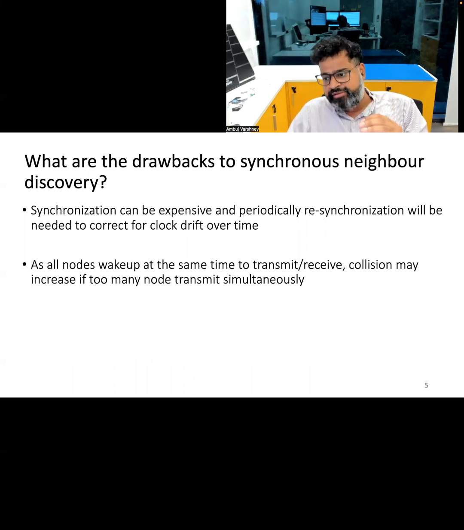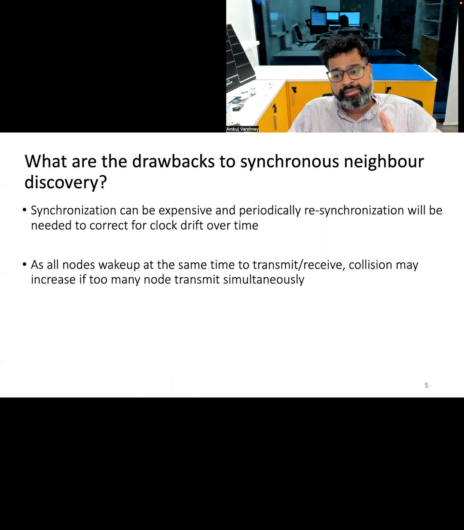Synchronous neighbor discovery, however, has a major drawback as well. Firstly, the synchronization process is typically very expensive and requires nodes to periodically resynchronize and correct their clock drift. This can lead to increased energy consumption, and also a lot of traffic or packets being exchanged, all of which we would like to avoid, especially on battery operated devices.